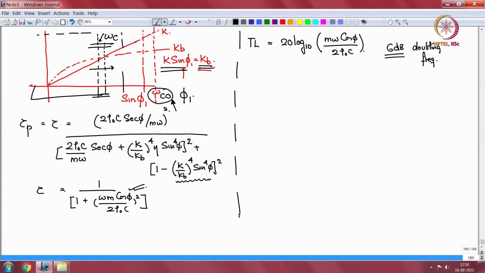Now at coincidence, at omega c 0, what happens? Now my k sin phi is equal to kb, so this term is actually exactly 0.